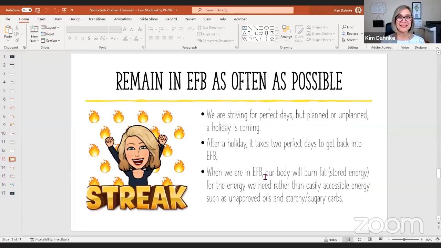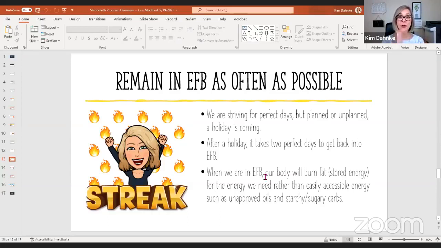All right, let's start to wrap this up. We want to remain in EFB as long and as often as possible. So we are striving for perfect days, but planned or unplanned, a holiday is coming. After a holiday, it takes 2 perfect Shibboleth days to get back into efficient fat burning.